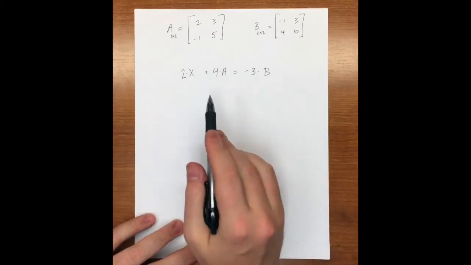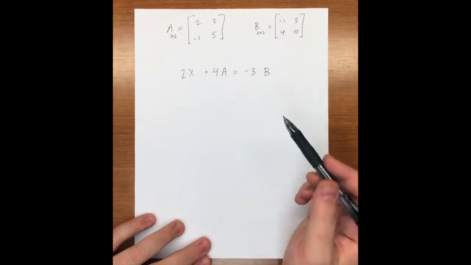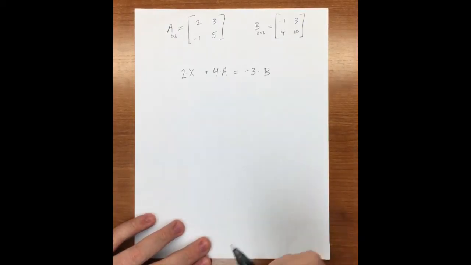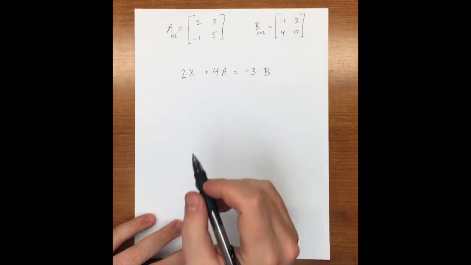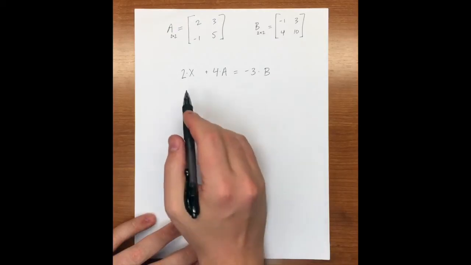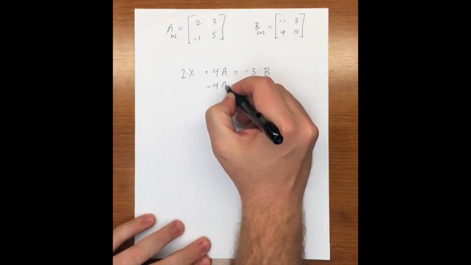What we're going to do here is get x all by itself first, and then whatever we have on the other side, we're going to plug into our calculator, because our calculator is going to do a lot of the work for us, the addition and subtraction of matrices and the scalar multiplication.